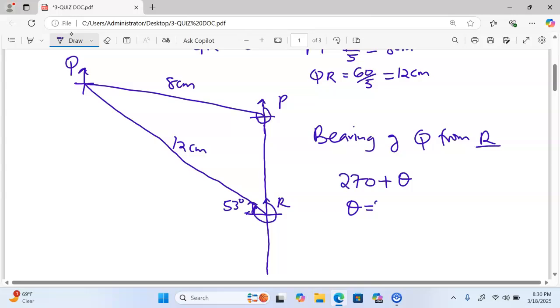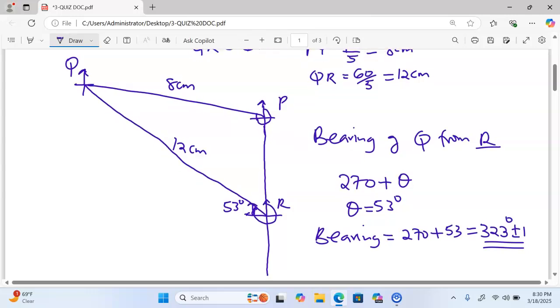And therefore now, if our theta is 53 degrees, our bearing of Q from R will be obtained by taking 270 and adding 53 degrees, and this gives us approximately 323 degrees, but this can be plus or minus 1 degree depending on the accuracy that has been given.